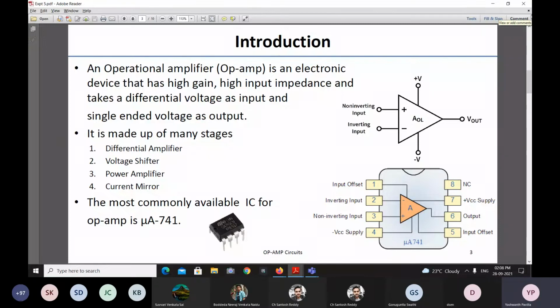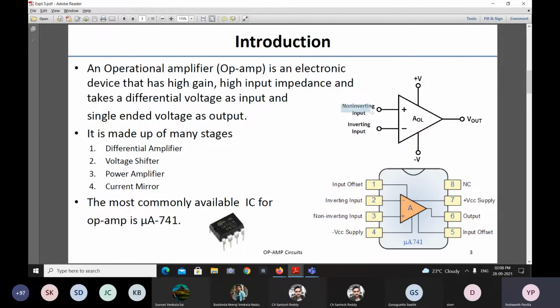The operational amplifier was introduced somewhere in the early 1940s, but it has been available in IC form since the 1960s. In the lab we will use op-amps as ICs, using the IC 741, which is the standard operational amplifier. Here you can see the internal structure of the 741 IC, and this is the basic symbol of the operational amplifier.